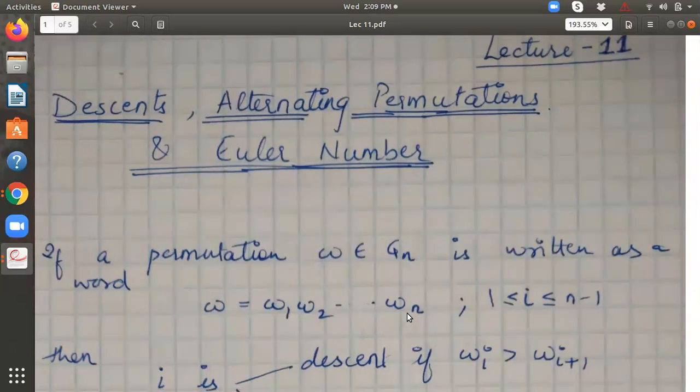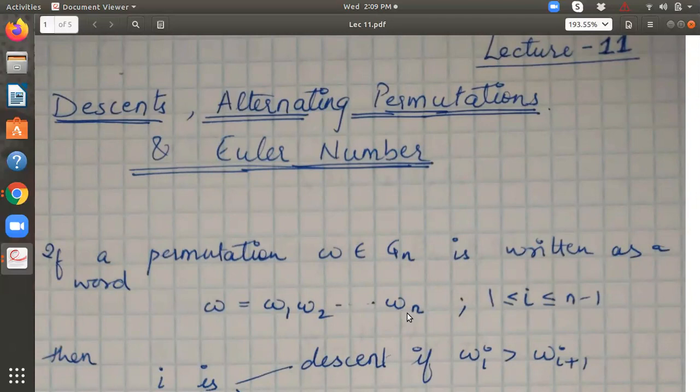So these Wi's are nothing but elements between 1 to n, isn't it? So in particular, they are comparable. Either two of them satisfy the inequality less than or the inequality greater than.